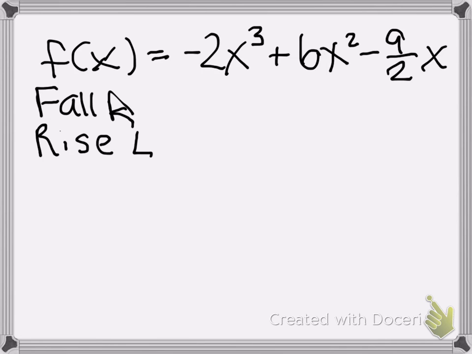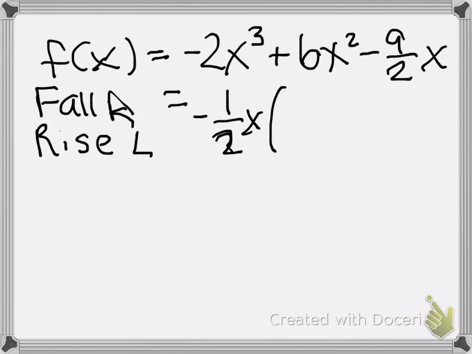So let's find the zeros. What I'm going to do is factor out a -1/2 x. Now remember, this is a good little trick to know. When you factor out a fraction, remember when you factor, you're just dividing by the number that you factor out. So if we're going to factor out a 1/2, we're really going to multiply by 2, so in this case by -2.